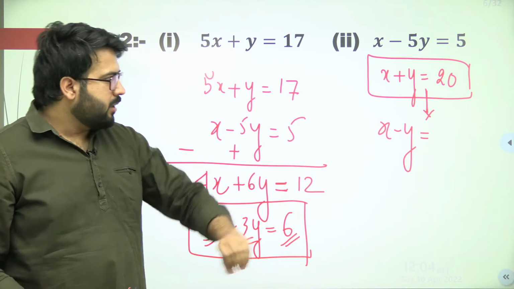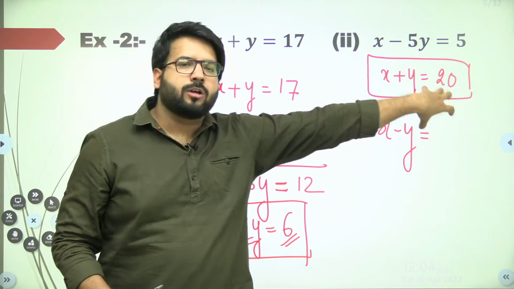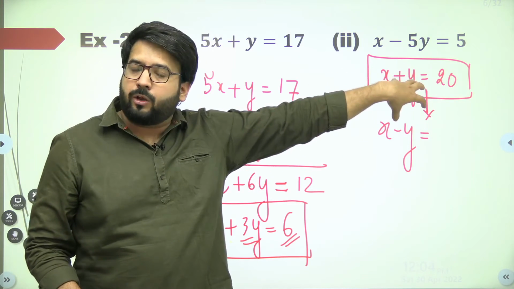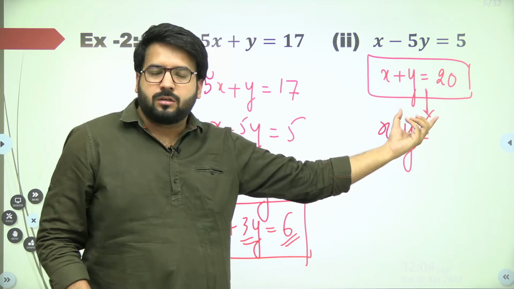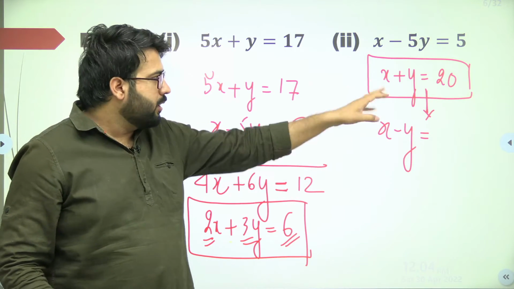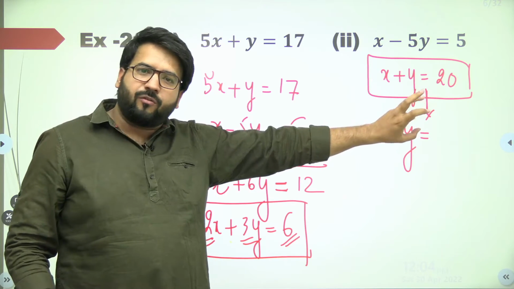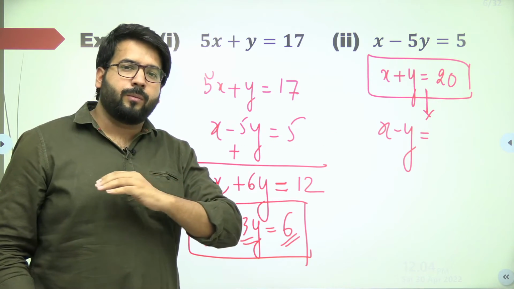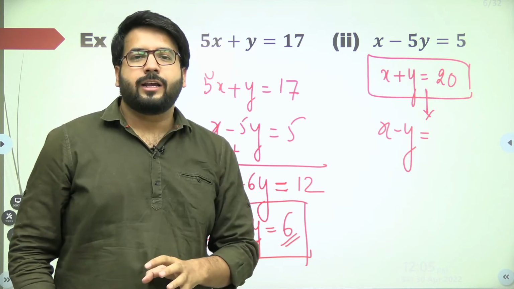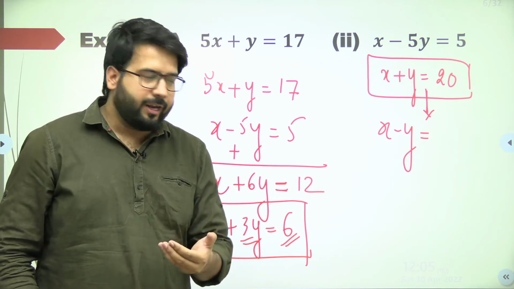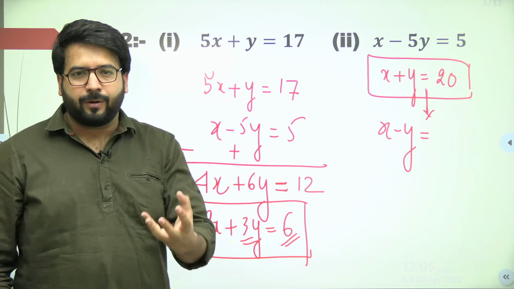What is the reason? Because if you get the relation in positive, then you cannot be 100% sure whether x is greater than y or y is greater than x. But if you get the equation in negative, then you will be 100% sure about the relation between x and y.